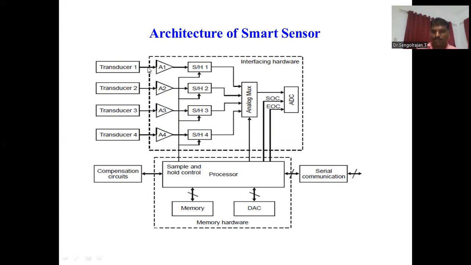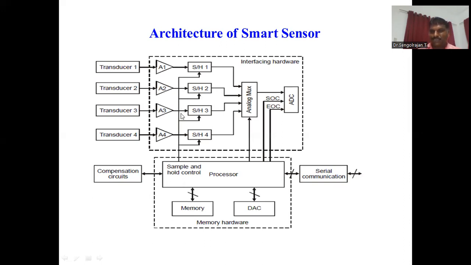So here, from transducer 1, transducer 2, transducer 3, and transducer 4, the four signals are given individually to a comparator, where the comparator compares the captured signals, and the comparisons are converted into amplified signals.